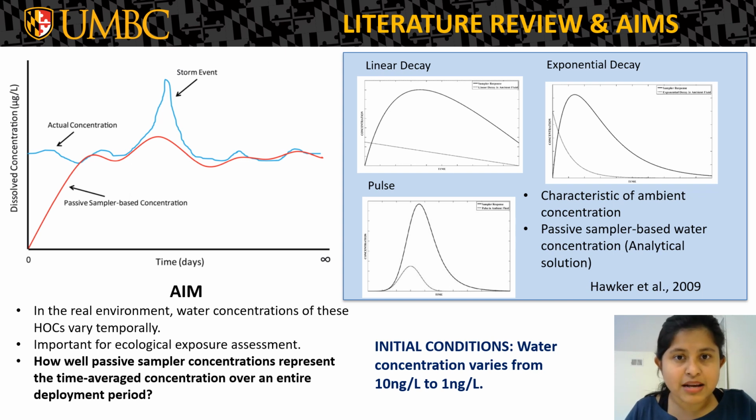Now, passive samplers can provide the time integrated measurement of the concentration of an HOC in the dissolved phase that is actually bioavailable to the organisms in the environment. This aspect of passive sampling comes really handy for doing ecological exposure assessment.